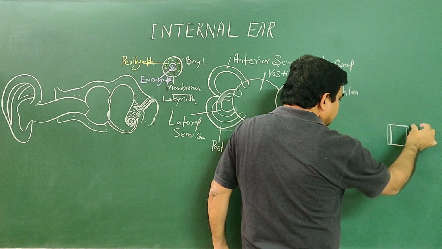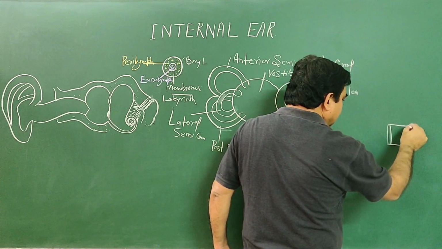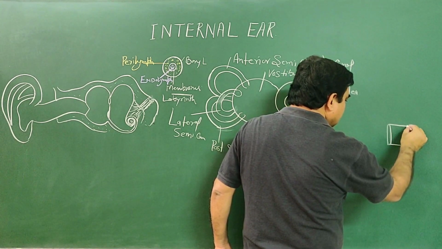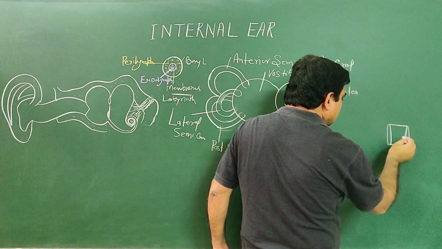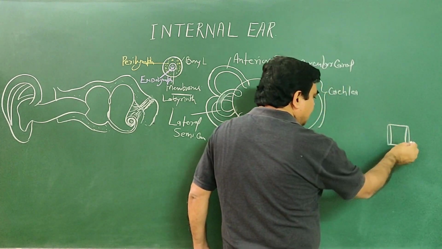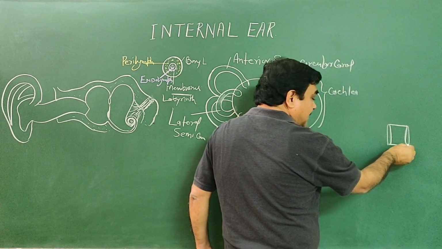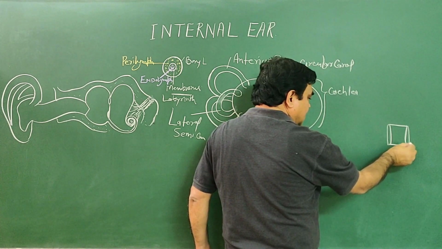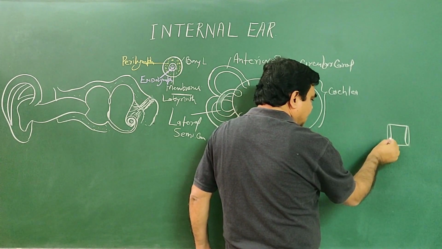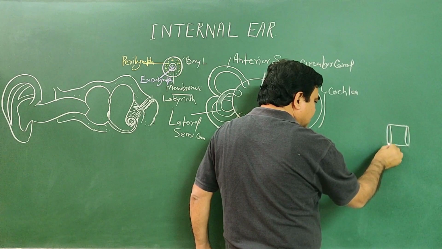This is the opening of the internal acoustic meatus into the cranial cavity. This is the bottom of the internal acoustic meatus.